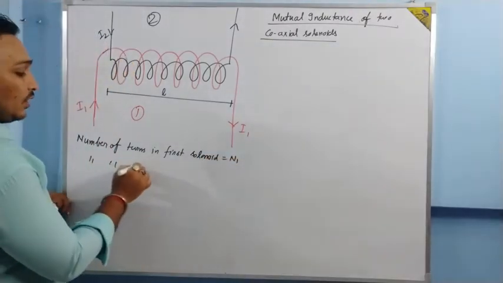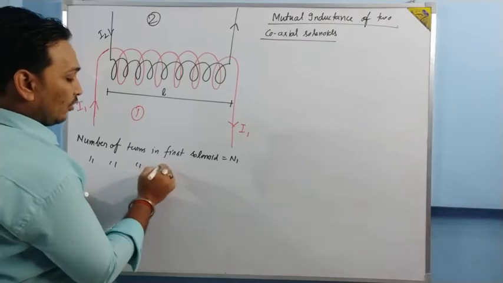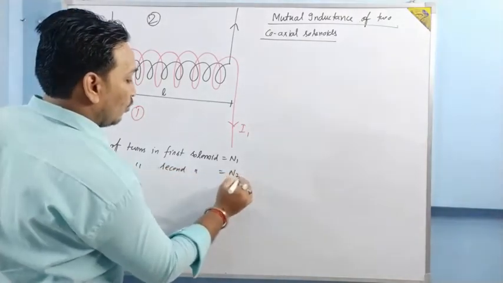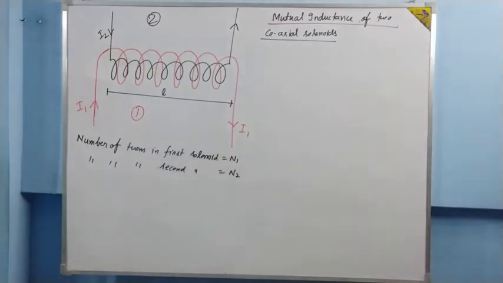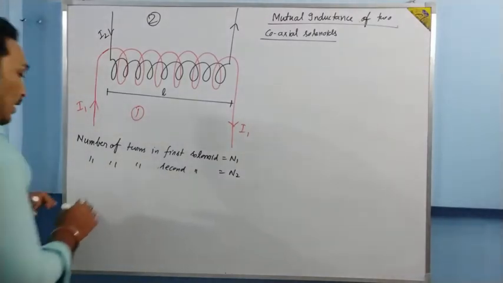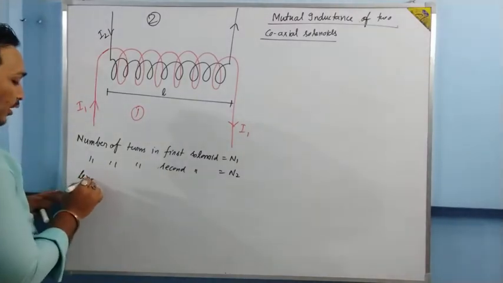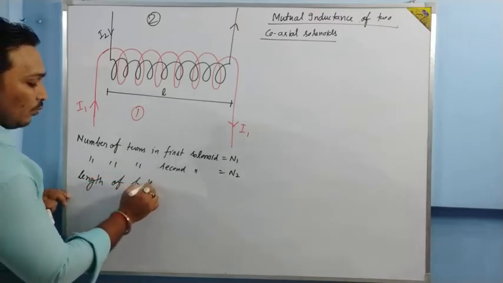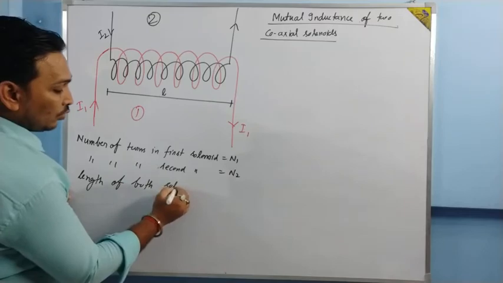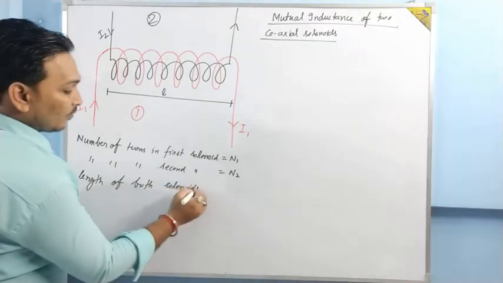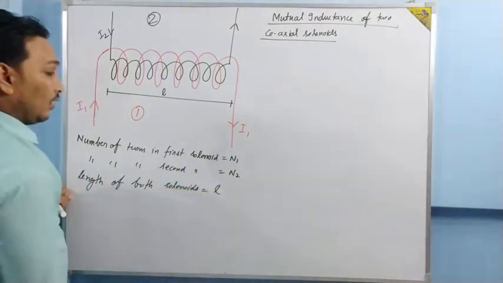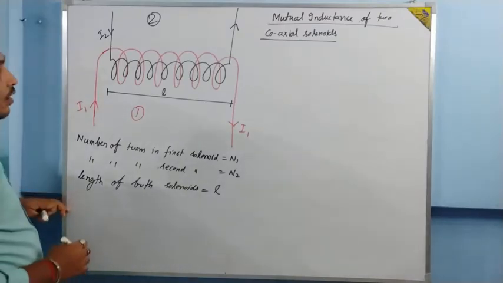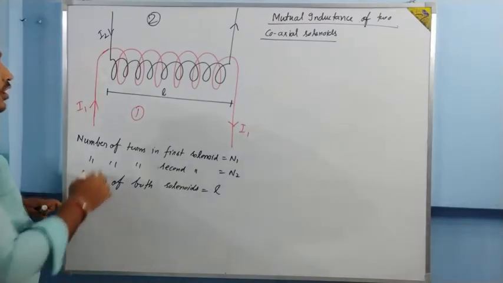Number of turns in the second solenoid is N2. It is about the total number of turns, right? Length of both solenoids is the same. So, one more thing, cross section area.